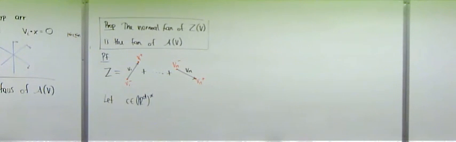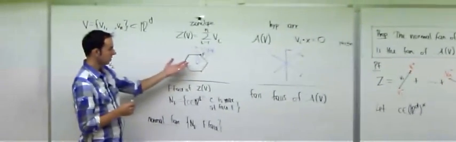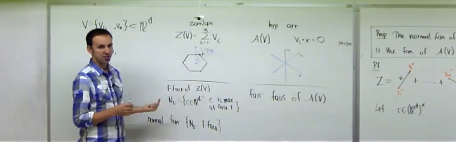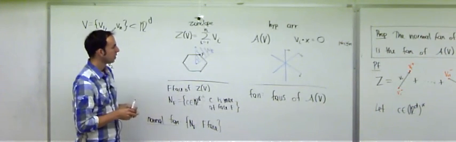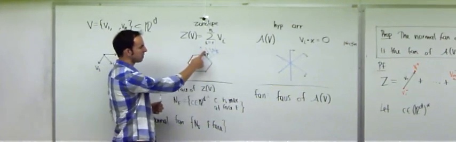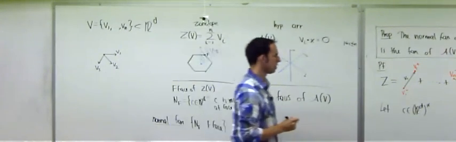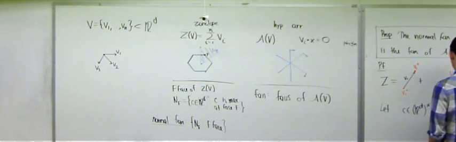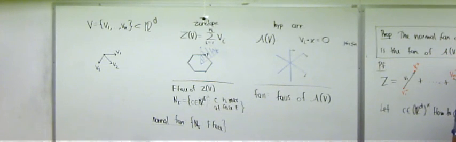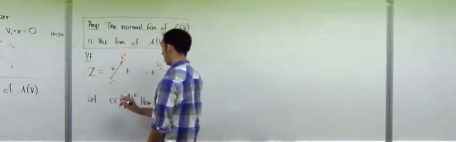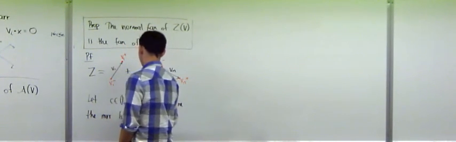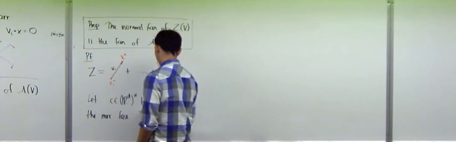Okay, and then in order to know what face of the normal fan C is in, what I have to figure out is what is the maximal face in that direction. Okay, for example, if I pick C in here, then the maximal face is going to be F. So how do I determine the maximum face, which we have denoted Z sub C?